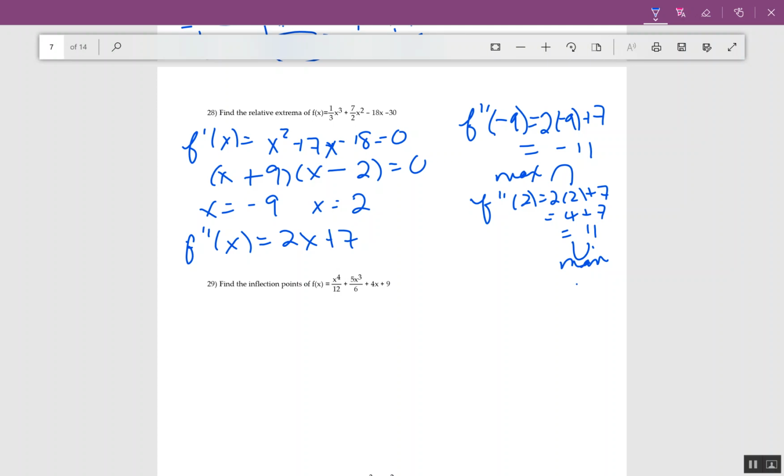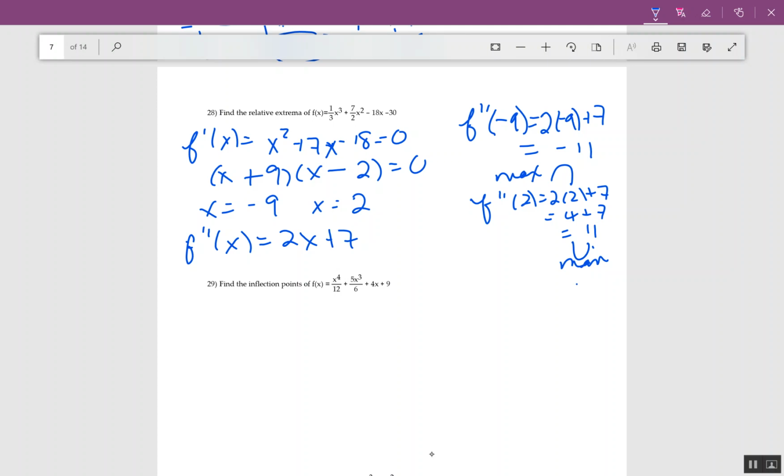And then I'm switching over to the table and I put in negative 9. And then I put in positive 2. And because I always think I need to double check myself, I'm just going to make sure that I put in the right thing before I put the answers.